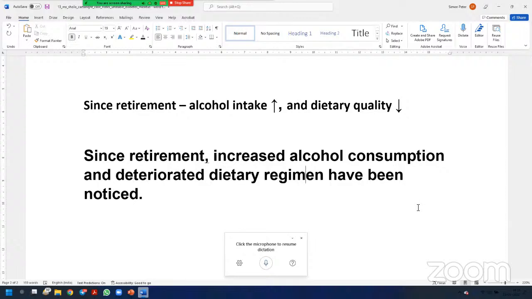So whenever you take something, how you are writing the sentence is very important. Since retirement, no need to write every time the name of the patient. So that's the reason why I write in passive voice. Increased alcohol consumption and decreased dietary regimen have been noticed. So that's it.